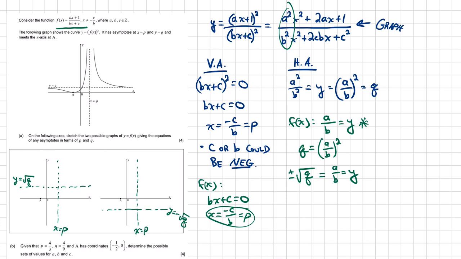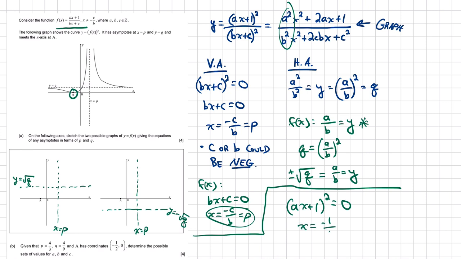All right, and we also want to take a look at this value here, right? That is our x value, or our x-axis intercept. And hopefully we can see that that is only going to be when (ax + 1) squared is equal to 0. So if I solve that, looking at y here, that's our f of x squared, x is going to be equal to negative 1 over a.